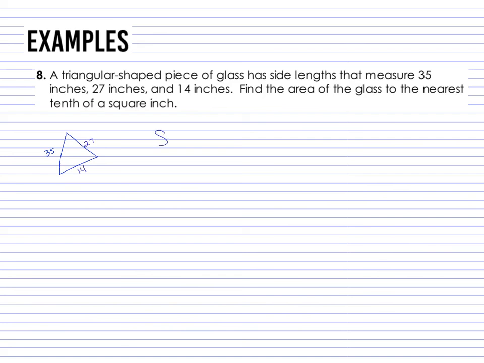First thing we do is find that semi-perimeter. So 1/2 of 35 plus 27 plus 14. Semi-perimeter is equal to 38 when we do all that through. Now we can use Heron's formula. So area equals the square root of 38 times 38 minus 35 times 38 minus 27 times 38 minus 14.